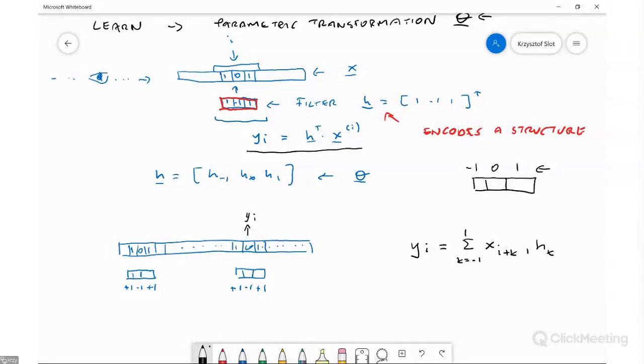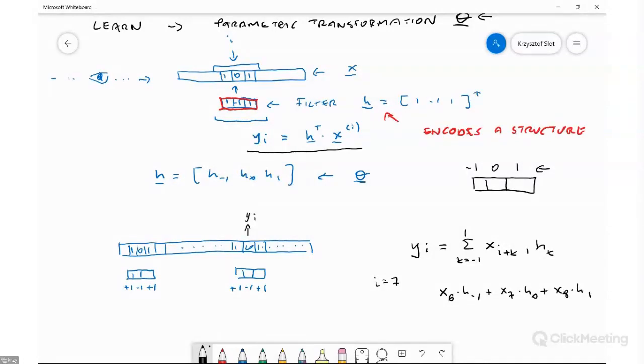Mathematically, this is the result of this dot product. If I is position number 7, what I will be doing is computing x6 times h minus 1, plus x7 times h0, plus x8 times h1.